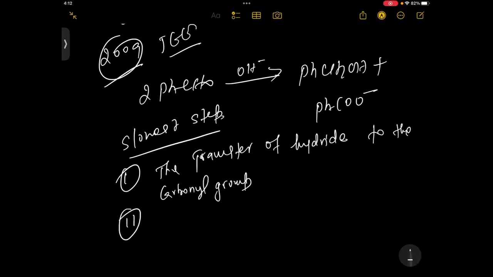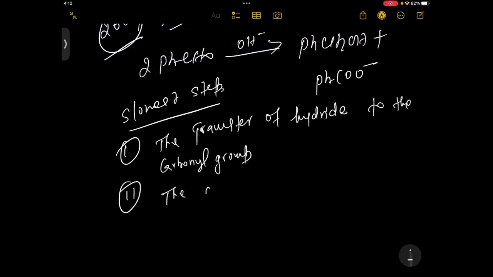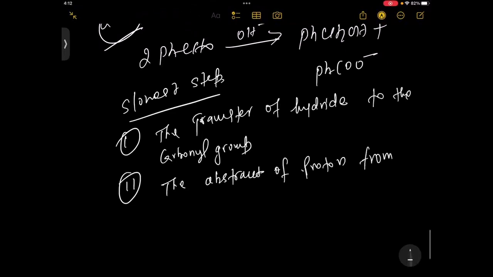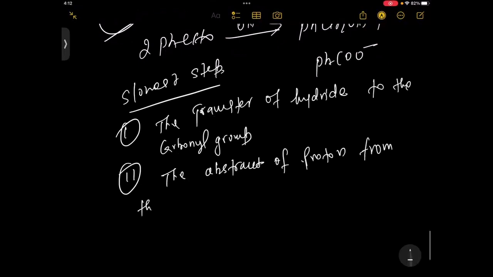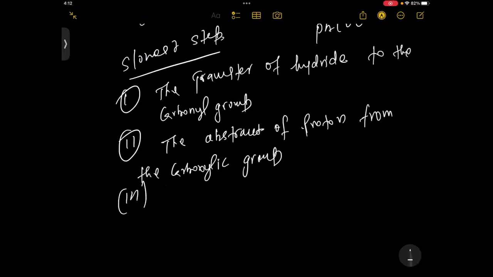Second is the abstraction of a proton from the carboxylic acid group. Third is the deprotonation of PhCH2OH.